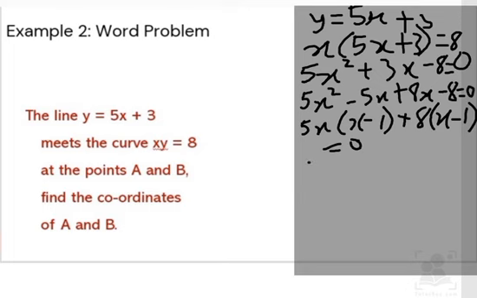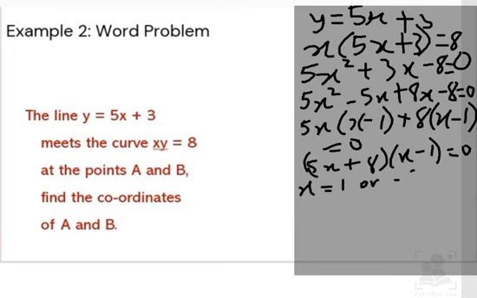Which gives us 5x plus 8, and then x minus 1 equals 0. So from what we have here, 5x plus 8 and x minus 1 equals 0, which finally gives us x equals 1, or x equals minus 8 over 5.